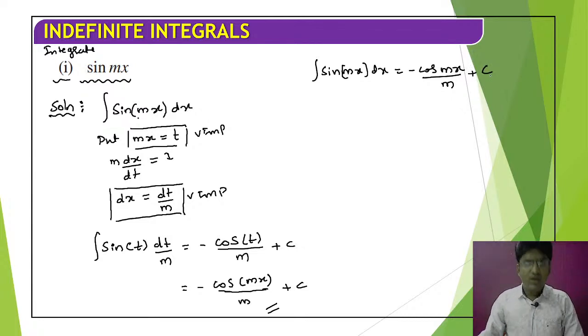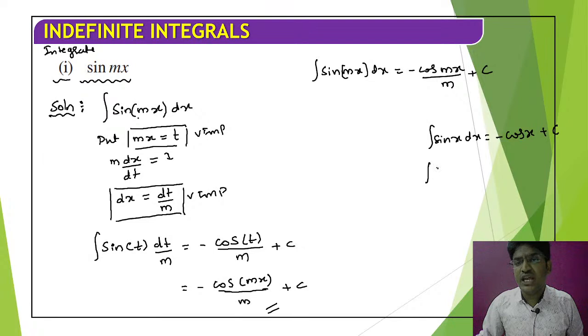Clear? Anyways, directly by using the formulas, we know that integration of sin x dx is equal to minus cos x plus c, and we also know that integration of sin of ax with respect to dx is minus cos of ax divided by a plus c.